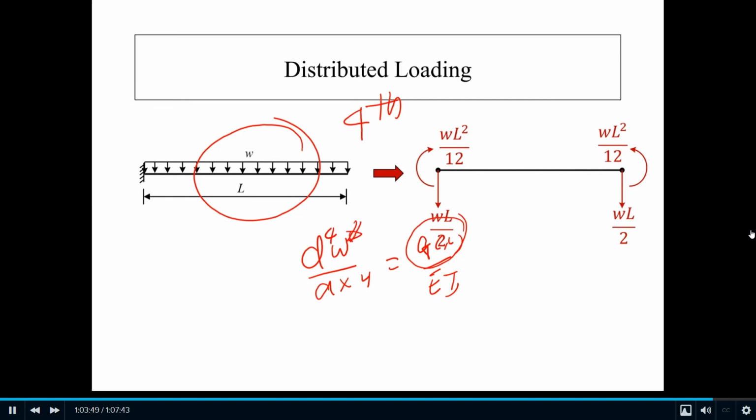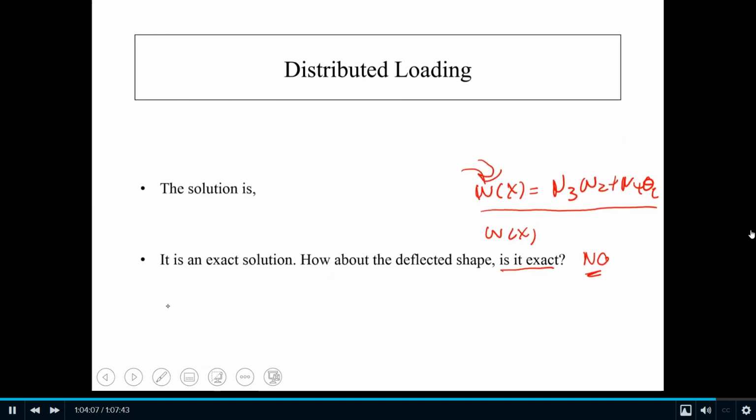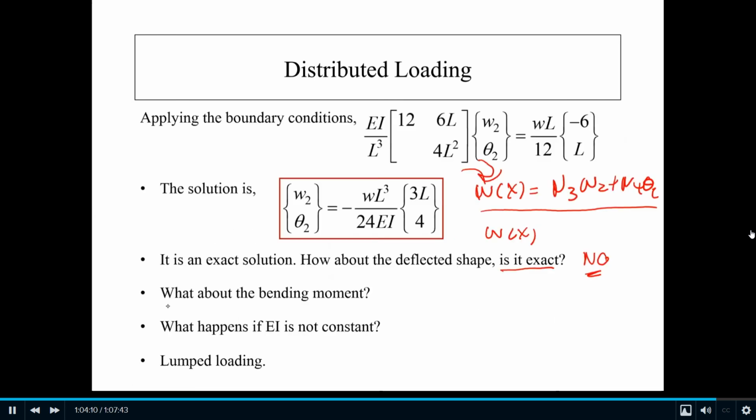So if you have a distributed load applied over the element, the deflected shape would have a higher order than the shape from FEM. In that case, it's not exact. You can get close to the exact one by using more elements.